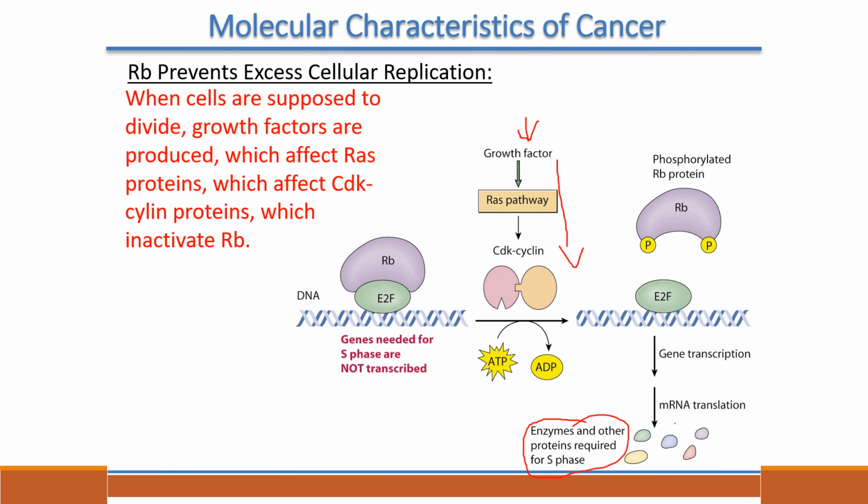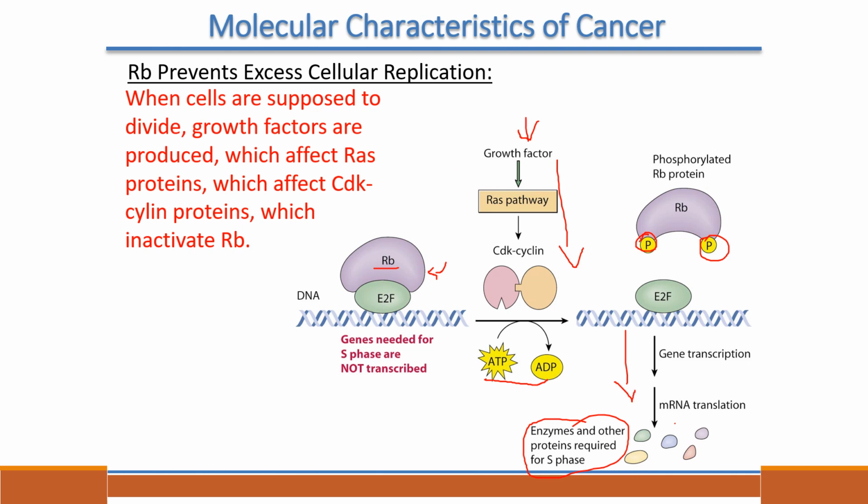However, RB says, no, I don't want that cell division to start. So to remove the regulation of RB, the cell needs to phosphorylate something. ATP turns into ADP, and look where the phosphate is going to go. It's going to phosphorylate RB, and now this can happen.